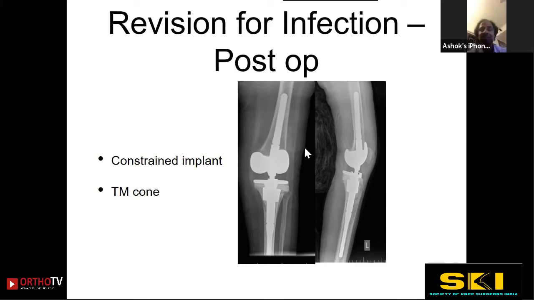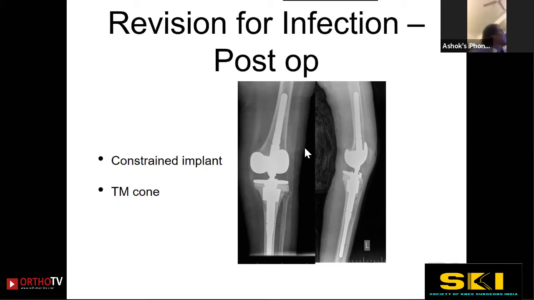But what actually happened with this patient, again, this was one which we had inherited. The spacer had dislocated and this patient had been told to walk on it. There was attrition rupture of the medial collateral ligament, and so she had a very unstable inflected knee. So we had to do a second debridement and we had considerable bone loss, hence the need for the TM cone. We used a central TM cone with a constrained rotating hinge type of option.